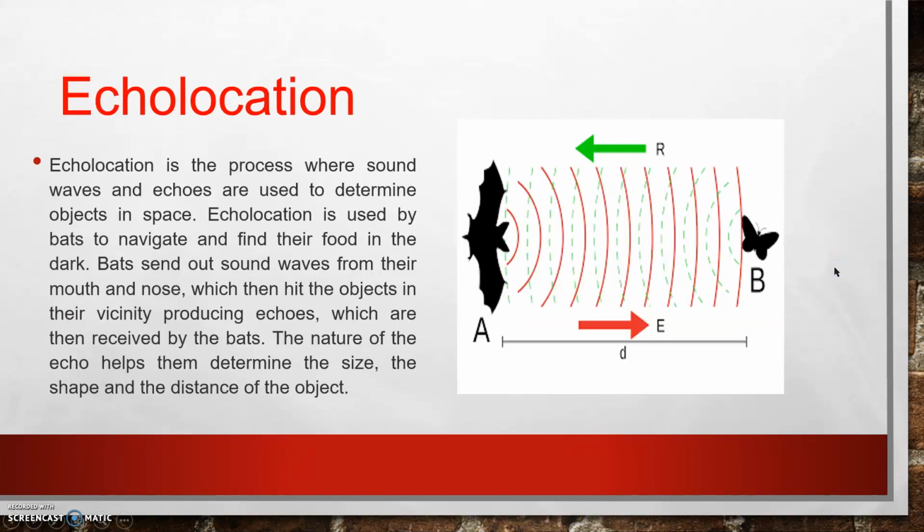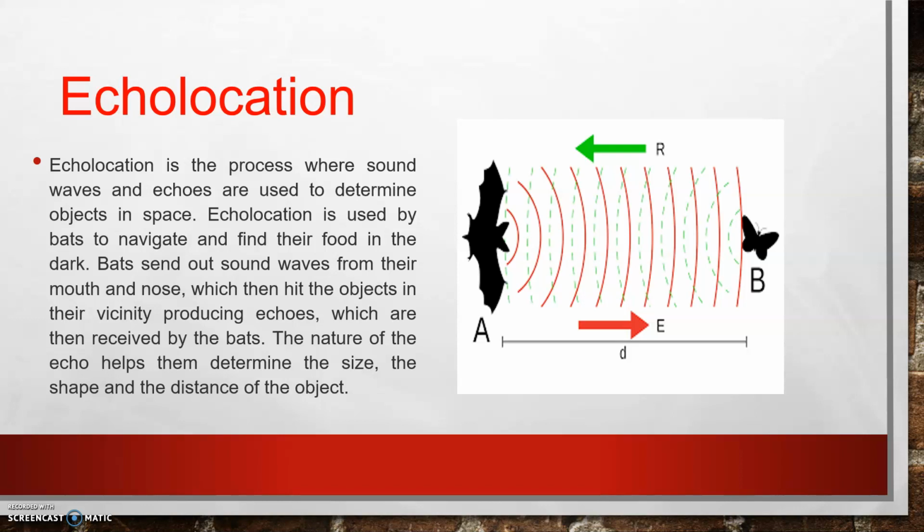Now, sonar can also be called echolocation. And you see, my dear students, the bats in the night can find out their prey using the echolocation concept. Echolocation is a process where sound waves and echoes are used to determine the objects in space. It is used by bats to navigate and find their food in the dark.